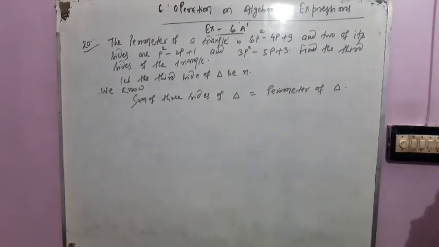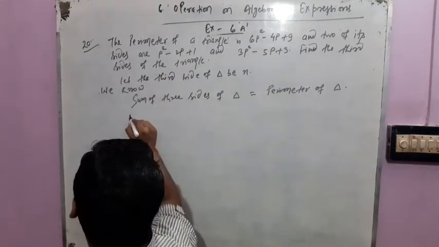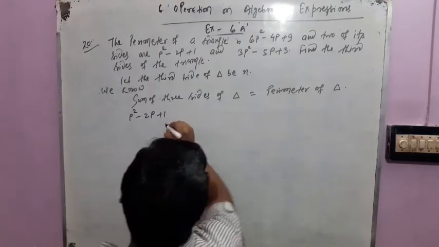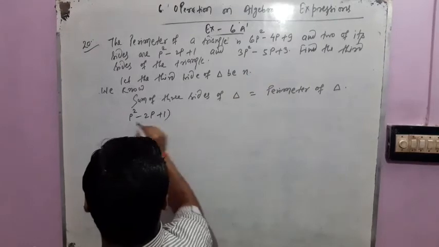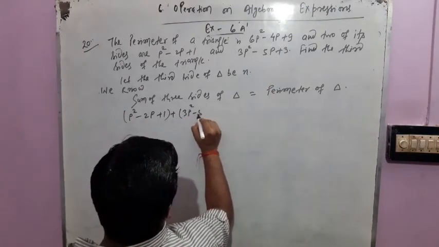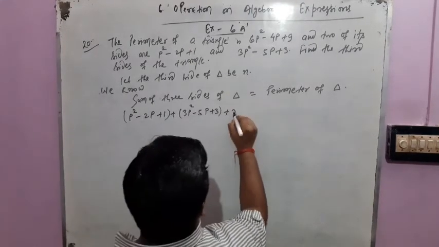Okay students, the sum of three sides of a triangle is equal to the perimeter of the triangle. What is the first side here? The first side is p square minus 2p plus 1. What is the second side here? The second side is 3p square minus 5p plus 3, and the third side we have considered here as x.